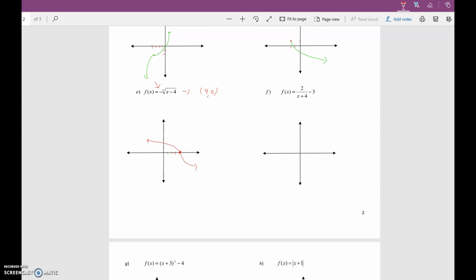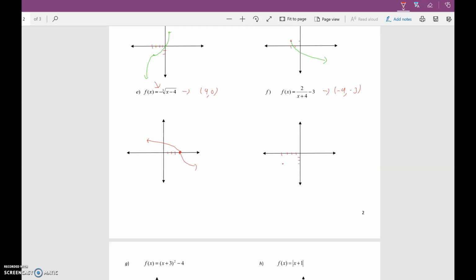Now, the next one is a little bit tricky because we typically look at these graphs and provide the asymptotes, which technically intersect at the reference point. So this one's going to have a negative 4 comma negative 3. So 1, 2, 3, 4, 1, 2, and 3, it's technically there.